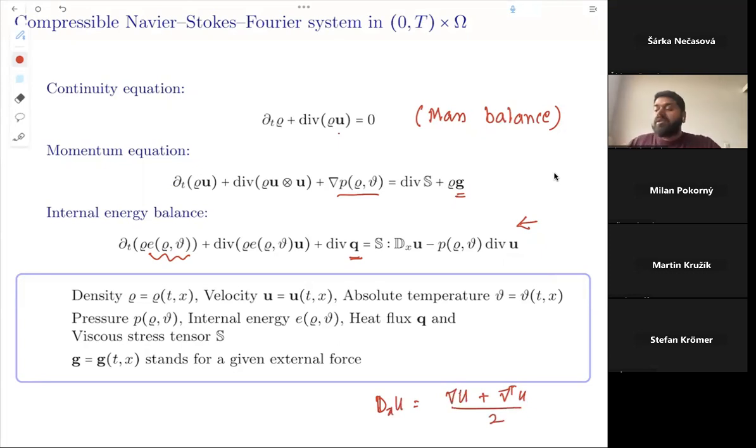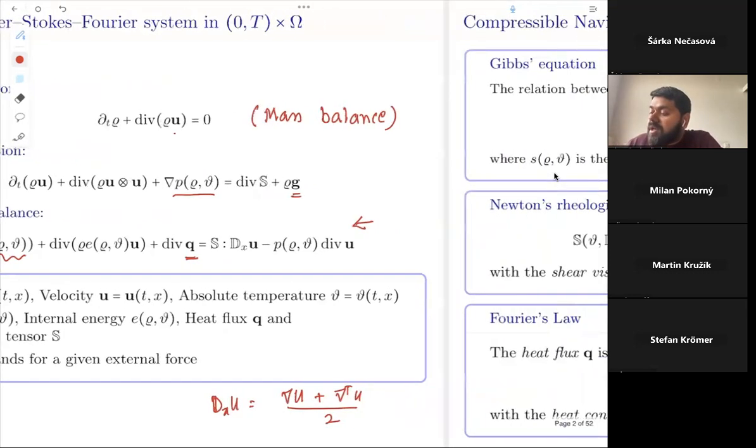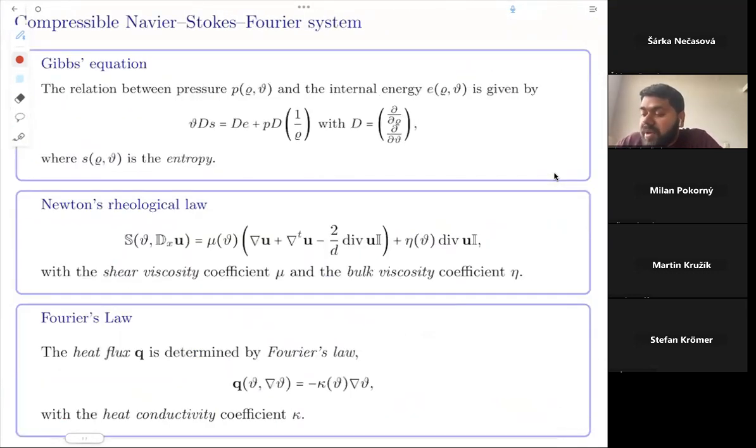Okay. So this is the system that we want to consider, and you can already see that there are plenty of things and plenty of extra assumptions that we have to introduce. So the first relation that we want to introduce is called the Gibbs relation. It is given by, where this d is the derivative with respect to rho, and the second one is with respect to temperature.